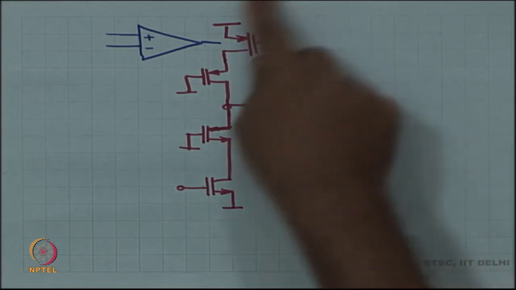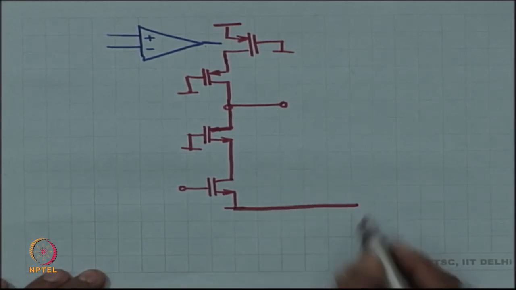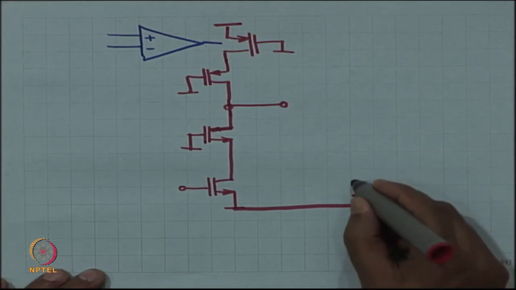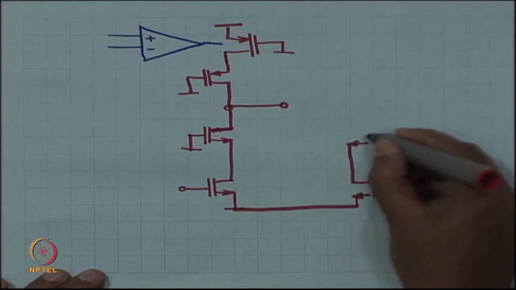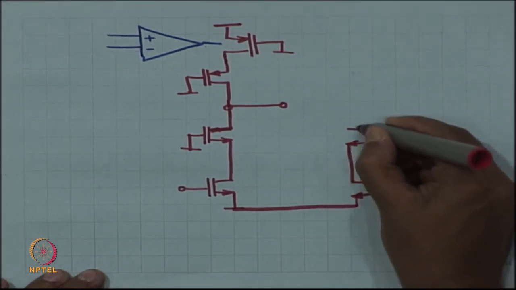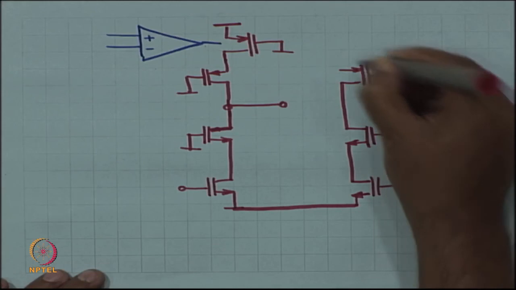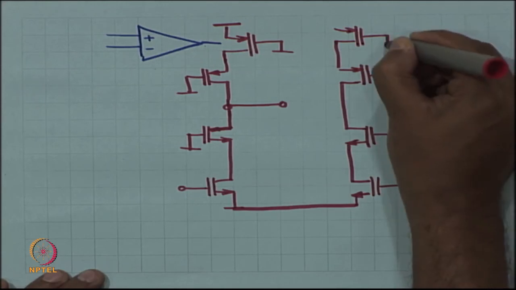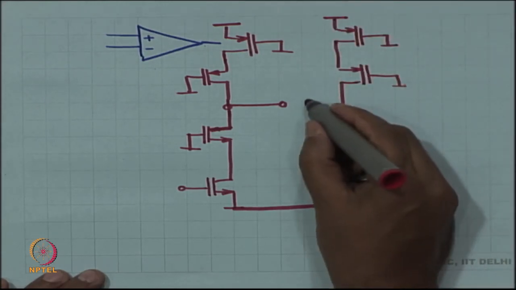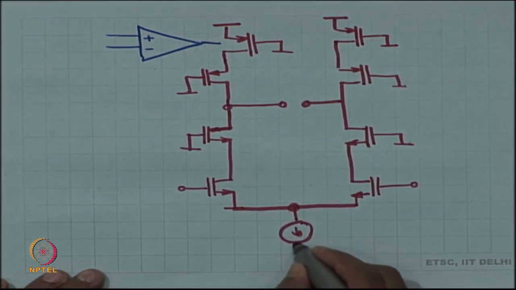All I have to do is make sure that this is the differential mode half circuit, which means that I just make another branch over here, which is a mirror image, and place a current source at the bottom.